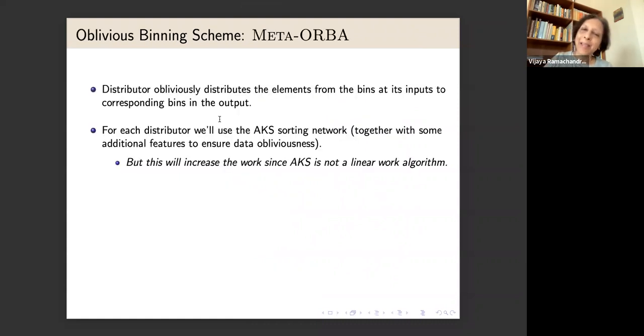We are going to use the AKS sorting network. These are small-sized AKS sorting networks. And we do need to add a few additional features to ensure data obliviousness. I won't go into those here. But even with AKS, this increases the work per level to super linear in n, and so we won't get an O of n log n oblivious binning scheme.